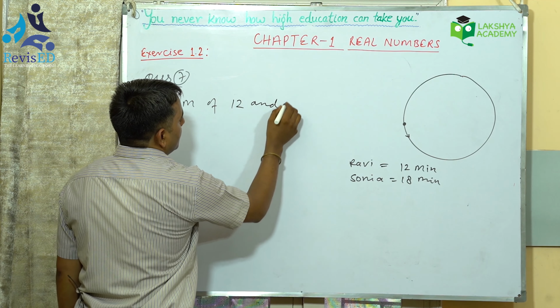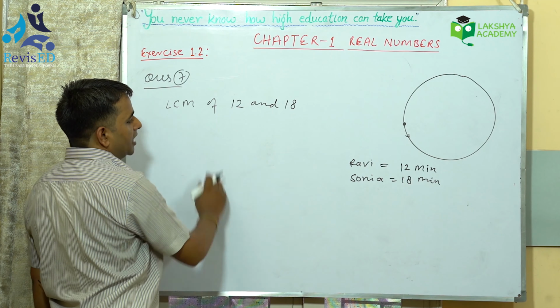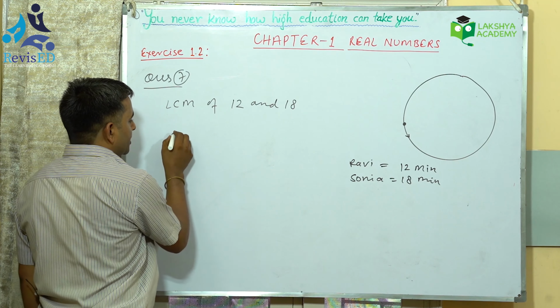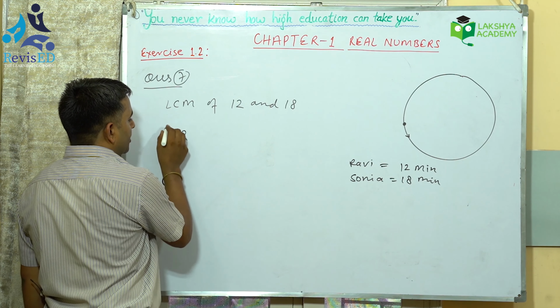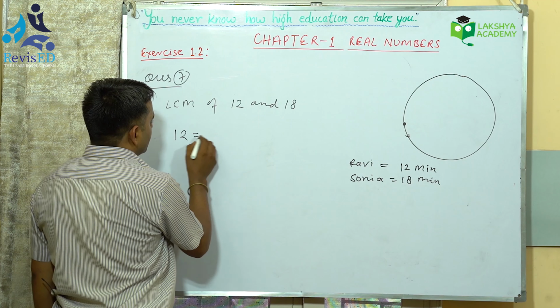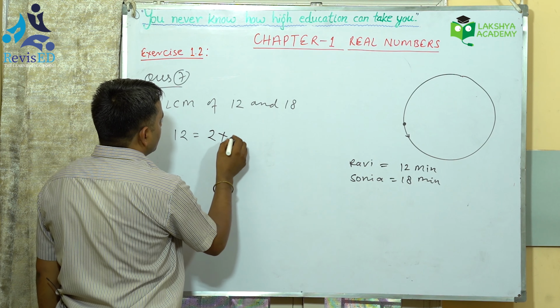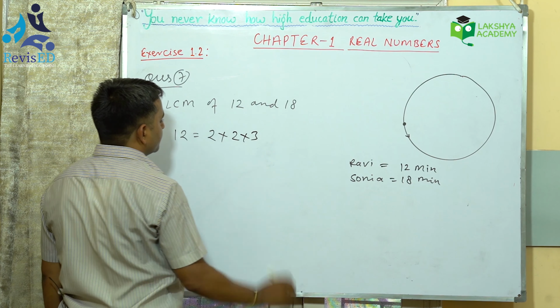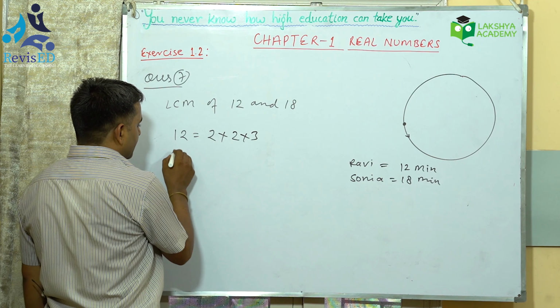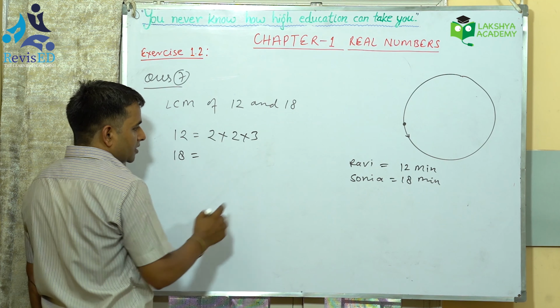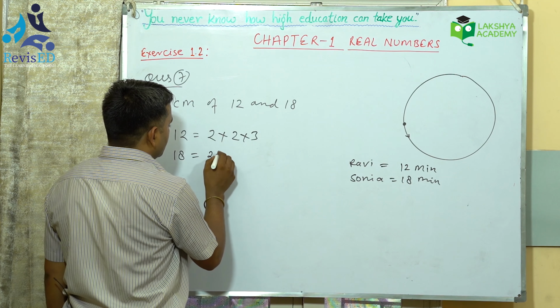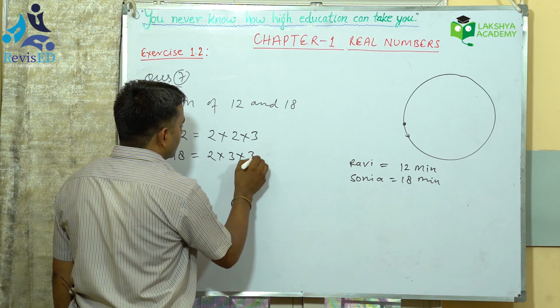So we need to find the LCM of 12 and 18. We can follow the factor method. The factors of 12 are 2 into 2 into 3. The factors of 18 are 2 into 3 into 3.